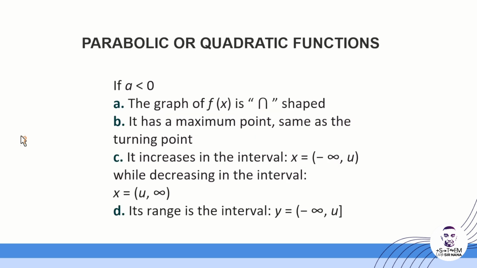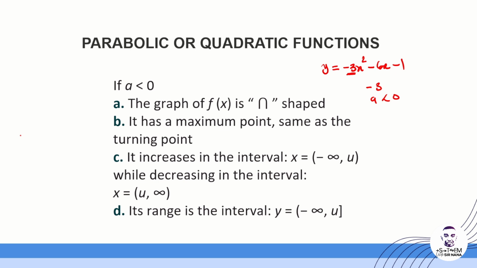When a is less than 0, for instance if you have a function y = -3x² - 6x - 1, once we see the coefficient of x², or the constant attached to x², which is -3, we know that a is less than 0, because -3 is less than 0.